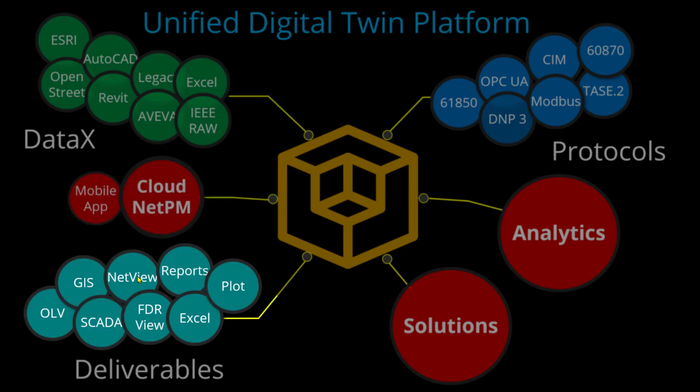We've looked at reports, we've looked at our single line diagram, but there's another set of reports such as SCADA, GIS, plots that you can leverage in ETAP to generate various deliverables, again from your as designed model.